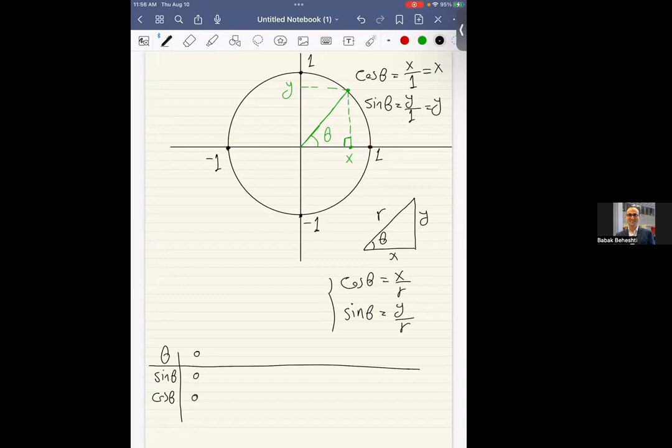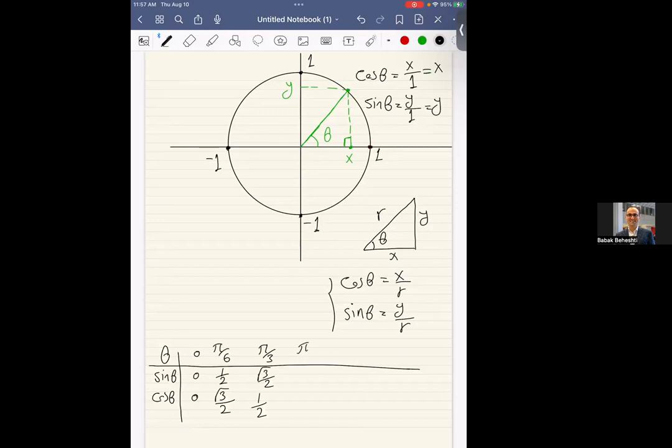For theta equal to pi over 6, sine theta is 1/2, cos theta is root 3/2. For theta equal to pi over 3, which is 60 degrees, by the way, sine theta is root 3/2, cos theta is 1/2.